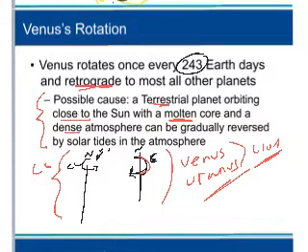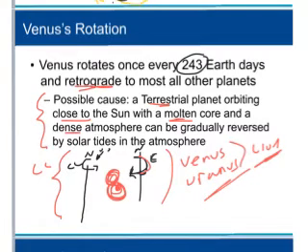Under those conditions, the rotation of these types of planets can be gradually reversed by solar tides in the atmosphere. So the planet could have been rotating this way, and then solar tides slowly stopped it and unwound it, or made it start going in the opposite direction. That's still a hypothesis, though. It's possible that it played a role, but it's not a definitive answer yet.